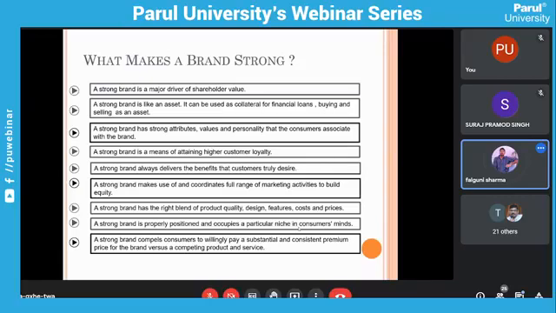A strong brand compels consumers to willingly pay a substantial, consistent premium price for the brand versus competing products and services. Definitely, even if your brand has higher prices than any other generic product, a customer will go to it, even at higher or premium prices.